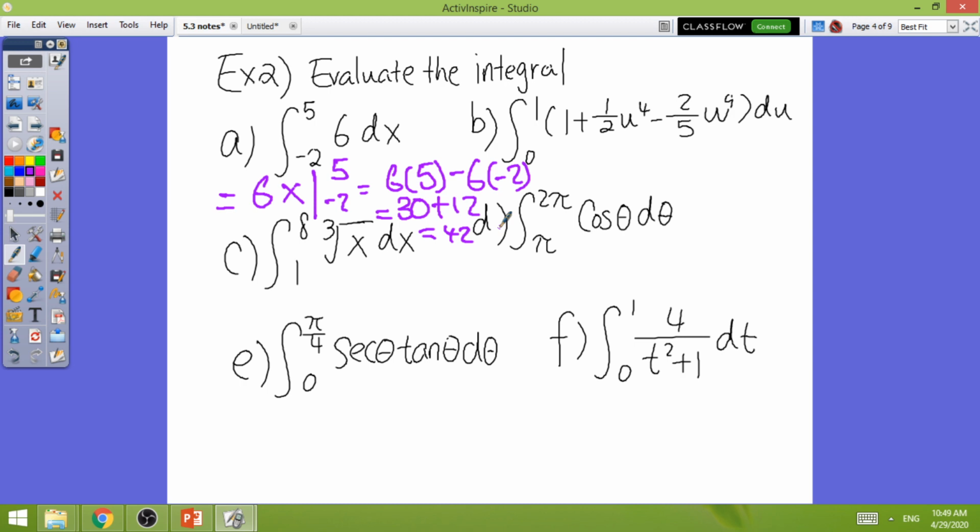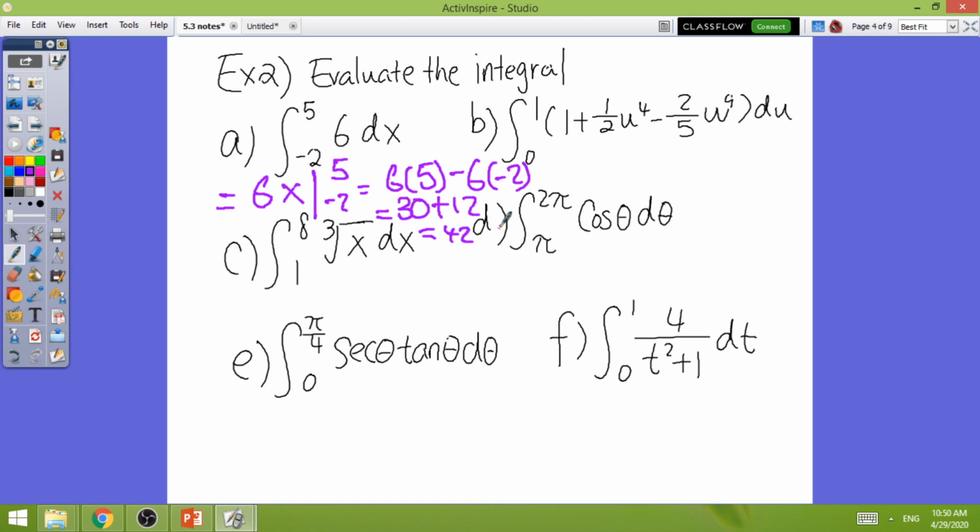Okay, so let me copy down the rest of the problems here so I can show you in the new slide. For b, we have the integral from 0 to 1 of 1 plus 1/2 u to the power of 4 minus 2 over 5 u to the power of 9 du.